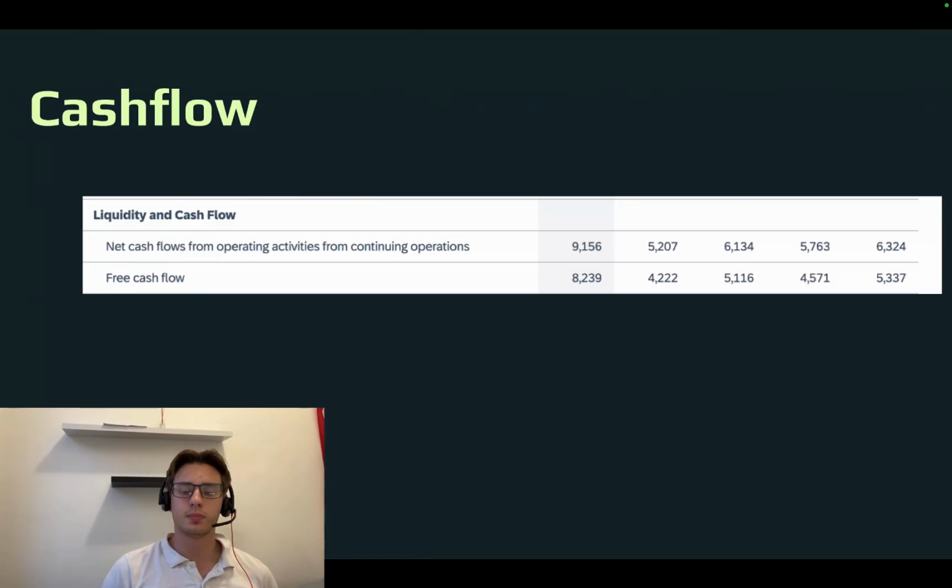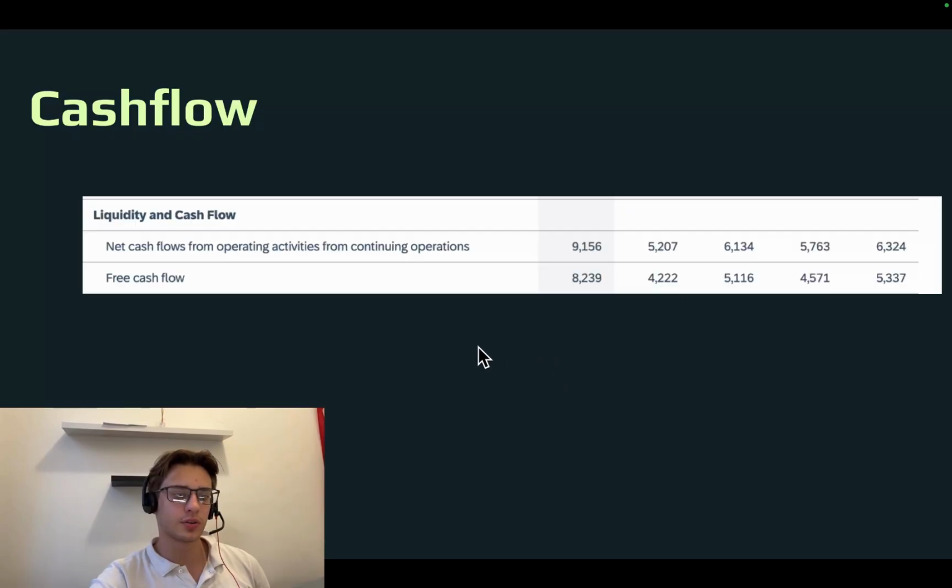But I think the most important part is to look at the company's cash flows, because profit and revenues are nothing without cash flows. A lot of firms go out of business, not because they don't have stable revenues, but if they don't have enough cash, they cannot pay their employees, they cannot pay dividends, they run out of business.